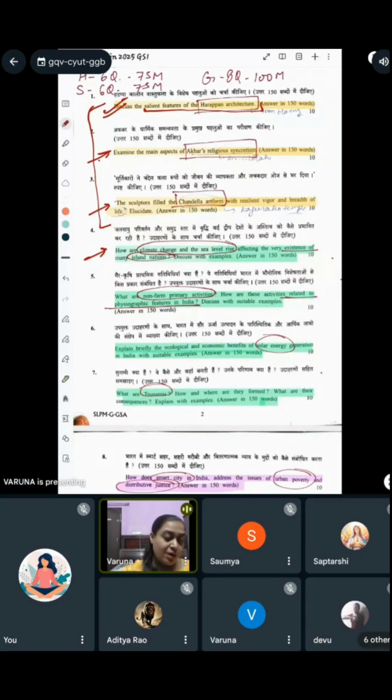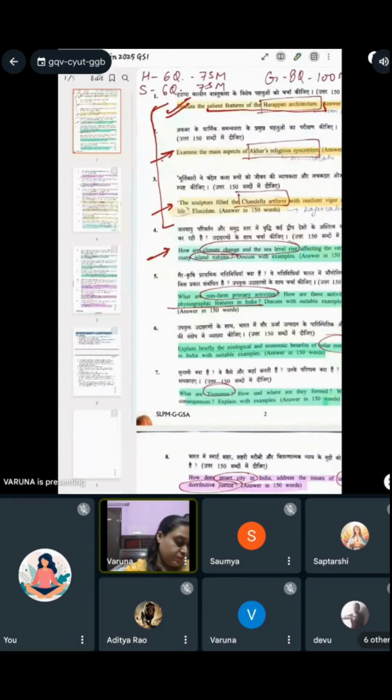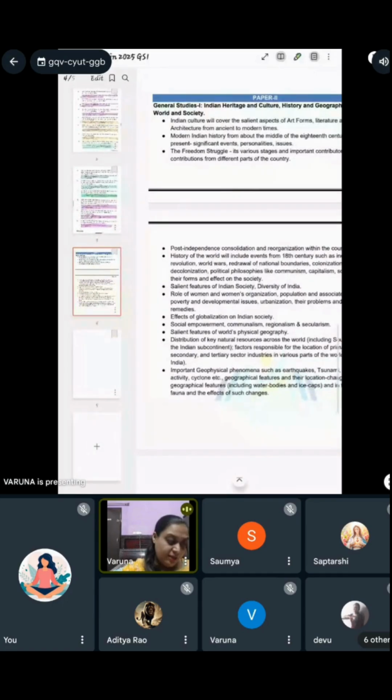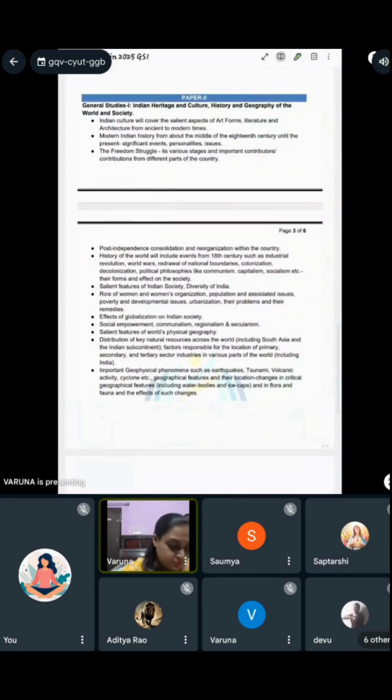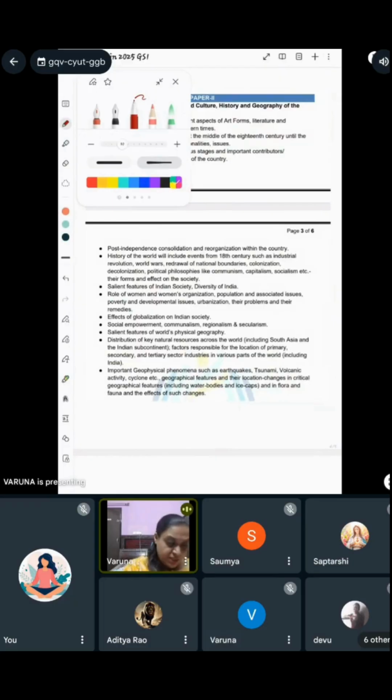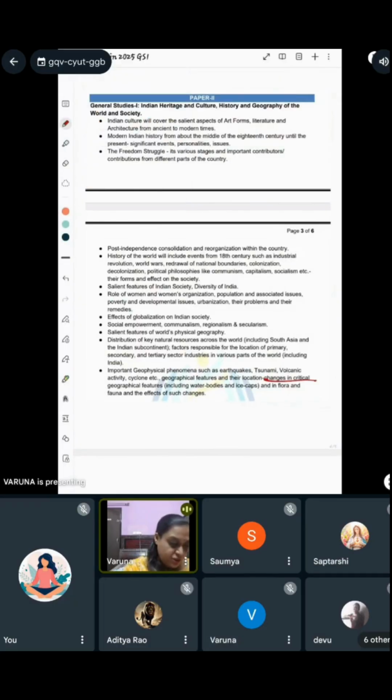Why? Because if you guys have seen the syllabus, then there is a mention regarding changes in the critical geophysical features, including water bodies and ice cap. So it will include all sorts of changes and the reasons for those changes, that is including the climate change.